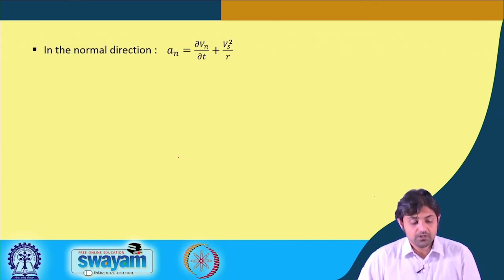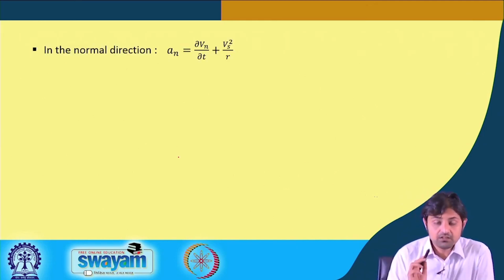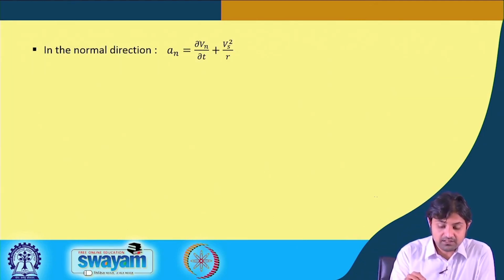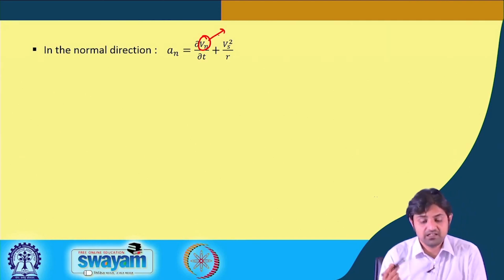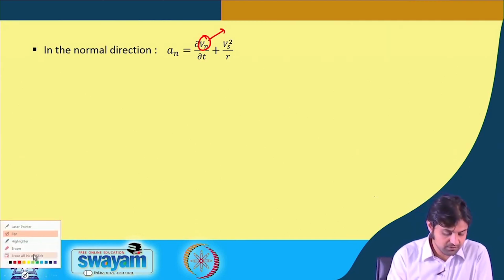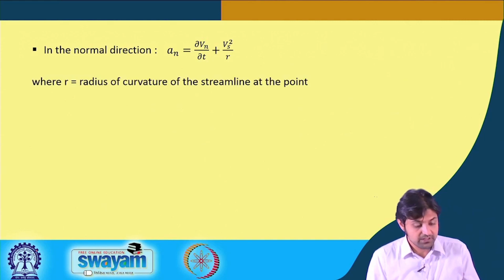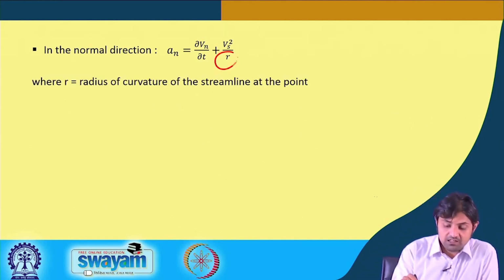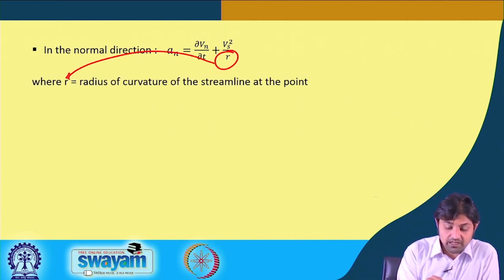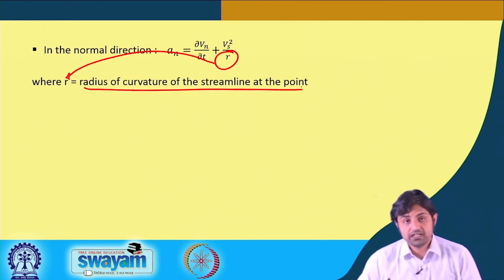And in the normal direction, it is del Vn by del t plus Vs squared by R. Vn and Vs are velocities in the n and s directions. Here R is the radius of curvature of the streamline at that point.